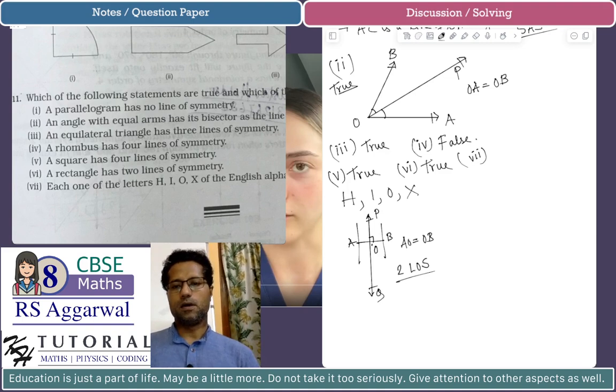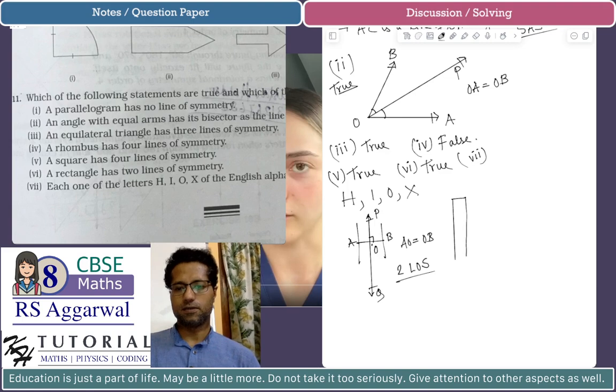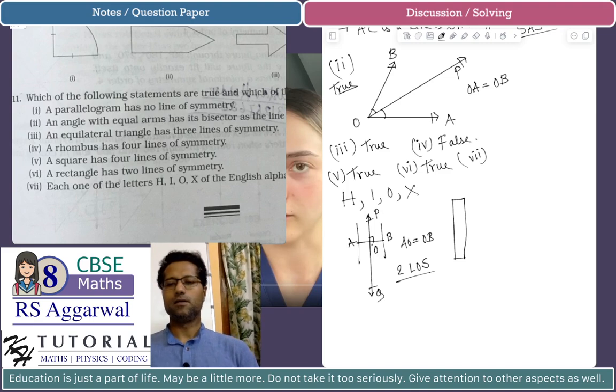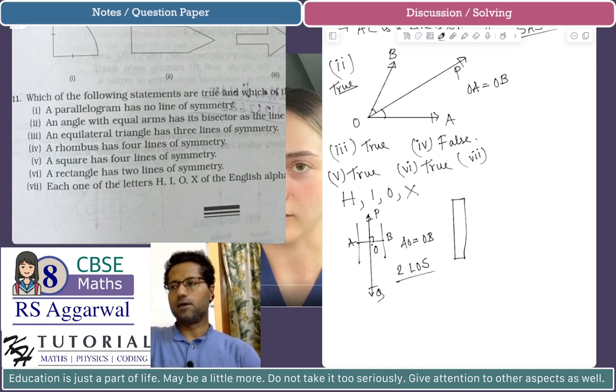I, now the letter I, if we consider it as something like this, then definitely it will have two lines of symmetry, because a letter I can be considered as a rectangle, and we know in a rectangle there are two lines of symmetry, that is the lines joining the midpoints of the two opposite sides.